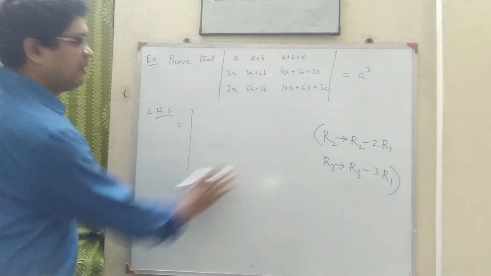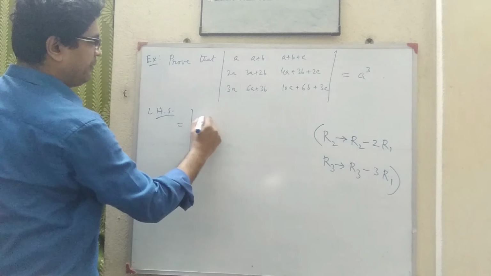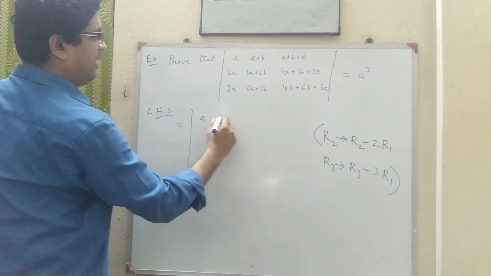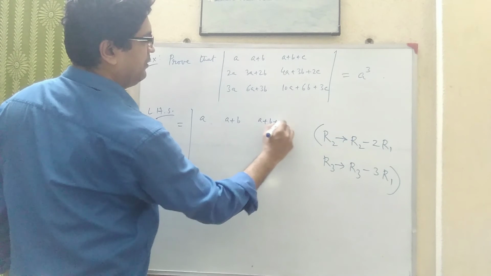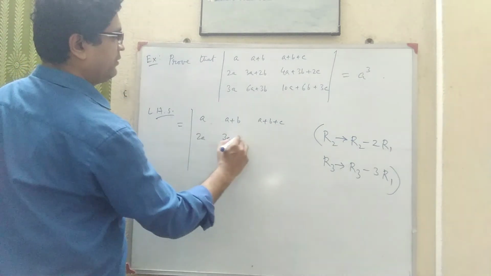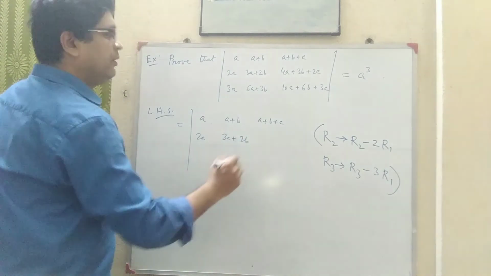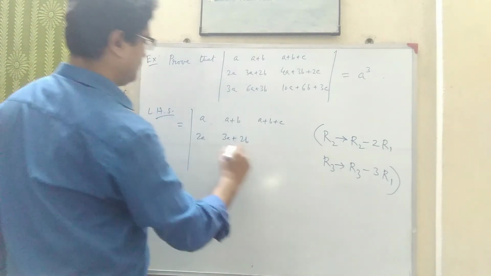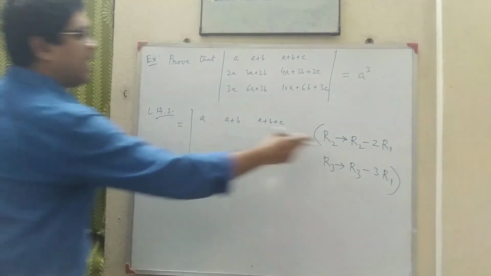So after giving the operations, we have the first row as it is: a plus b, a plus b plus c. Second row: r2 changes to r2 minus 2r1.